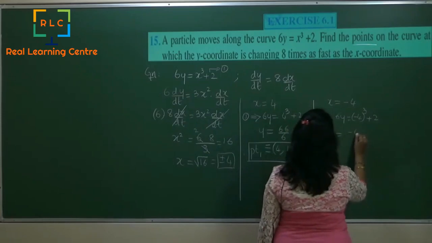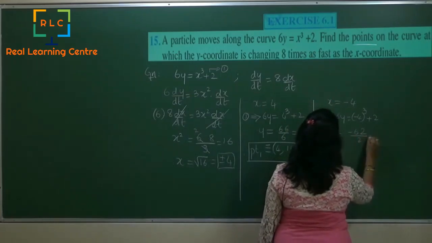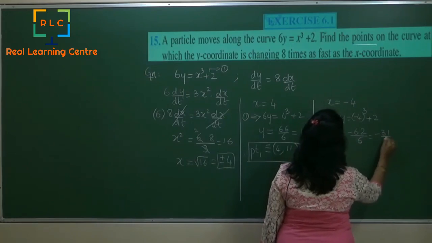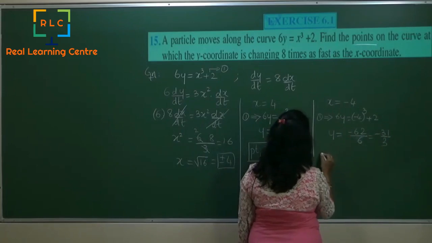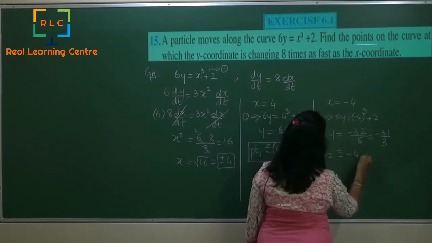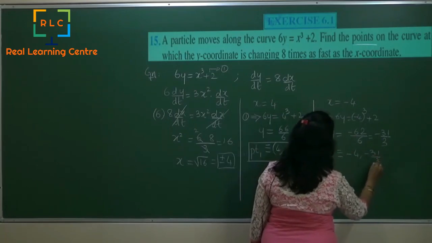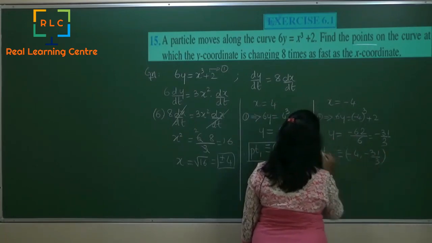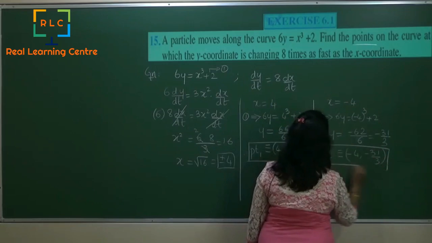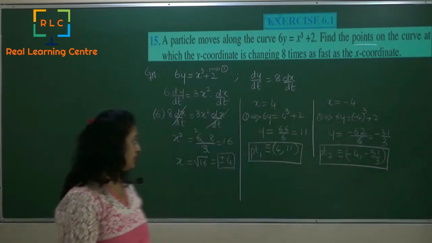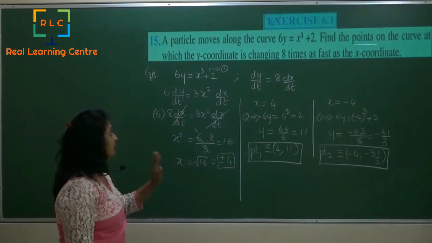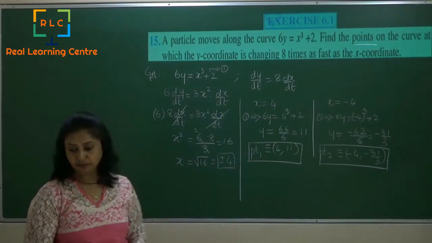Minus 62 divided by 6 gives you minus 31 by 3. Therefore, I got my point number 2: when x is minus 4, y is minus 31 by 3. That's point number 2. Now I've got the 2 points which are lying on the curve.